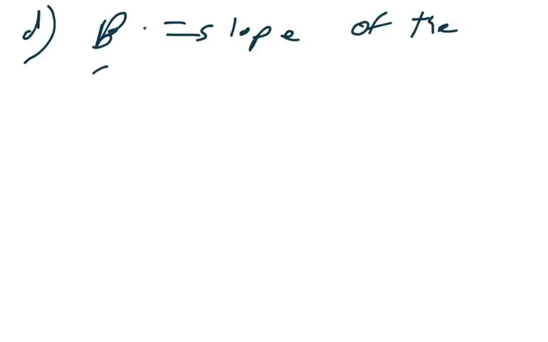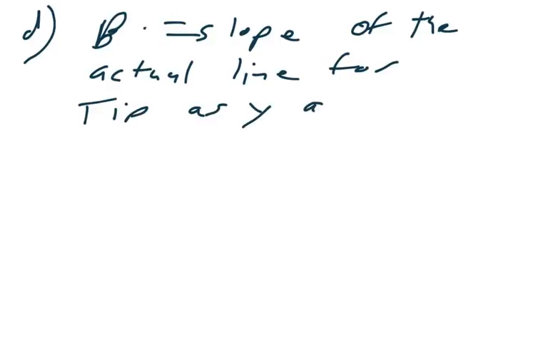So what we're doing here is, capital B is equal to the slope of the actual line for tip as y and time as x.